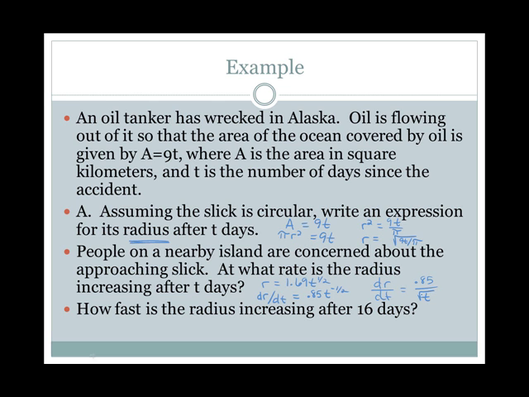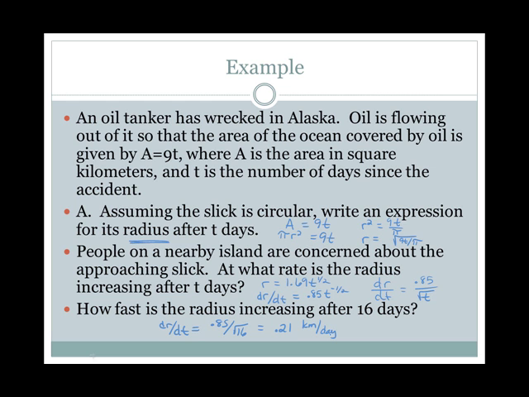So I can put in, if it's 16 days into the oil spill, I can plug in 16. And when I do, I get 0.21. The distance is in kilometers, per time in days. So if this is day 16 of the oil spill, at the end of the next 24 hours, I can expect that oil spill to have grown 0.21 kilometers.